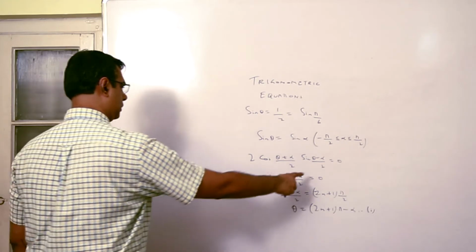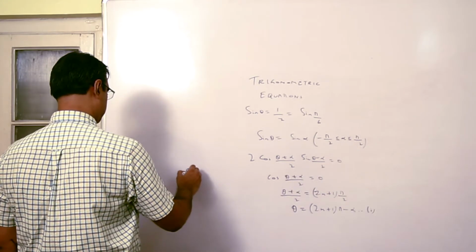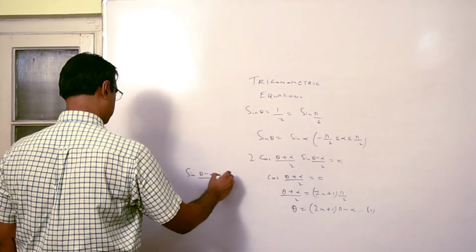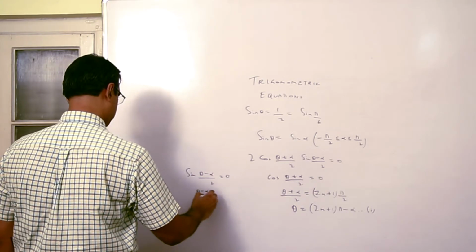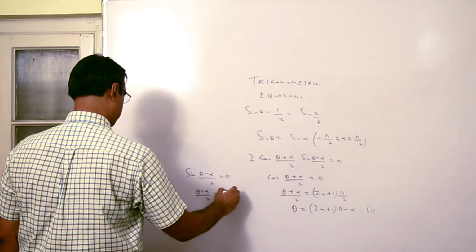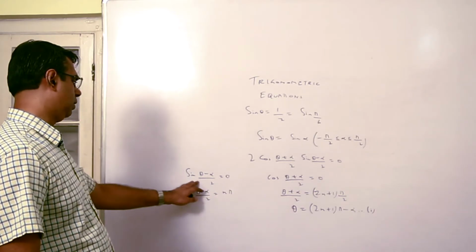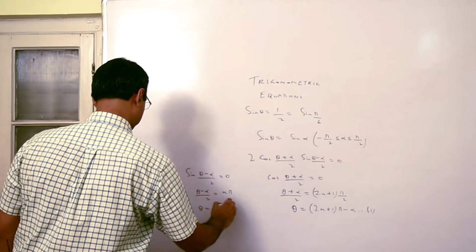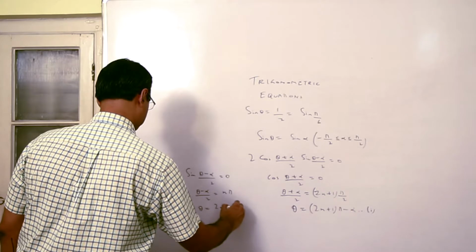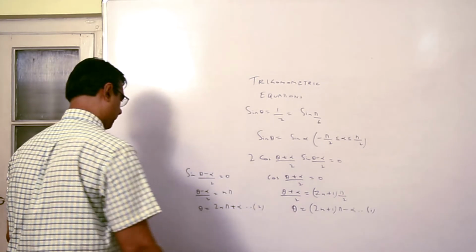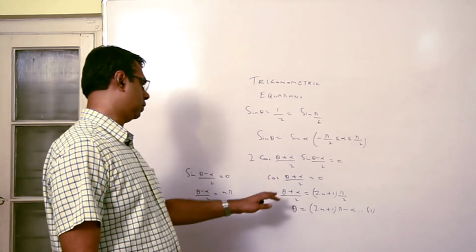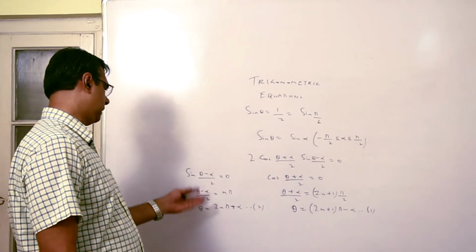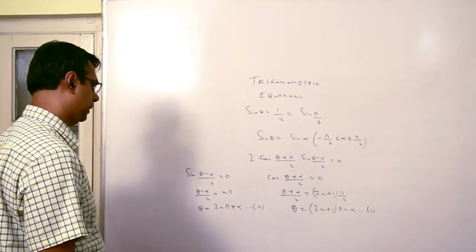On the other hand, you can have the other quantity be 0. That means sine of (theta minus alpha) by 2 is 0. So theta minus alpha by 2 is n pi. You know that sine of any multiple of pi is 0. So this gives theta equal to 2n pi plus alpha. So when you took one case, you got theta is (2n plus 1) into pi minus alpha. The other case, you got theta is 2n pi plus alpha.